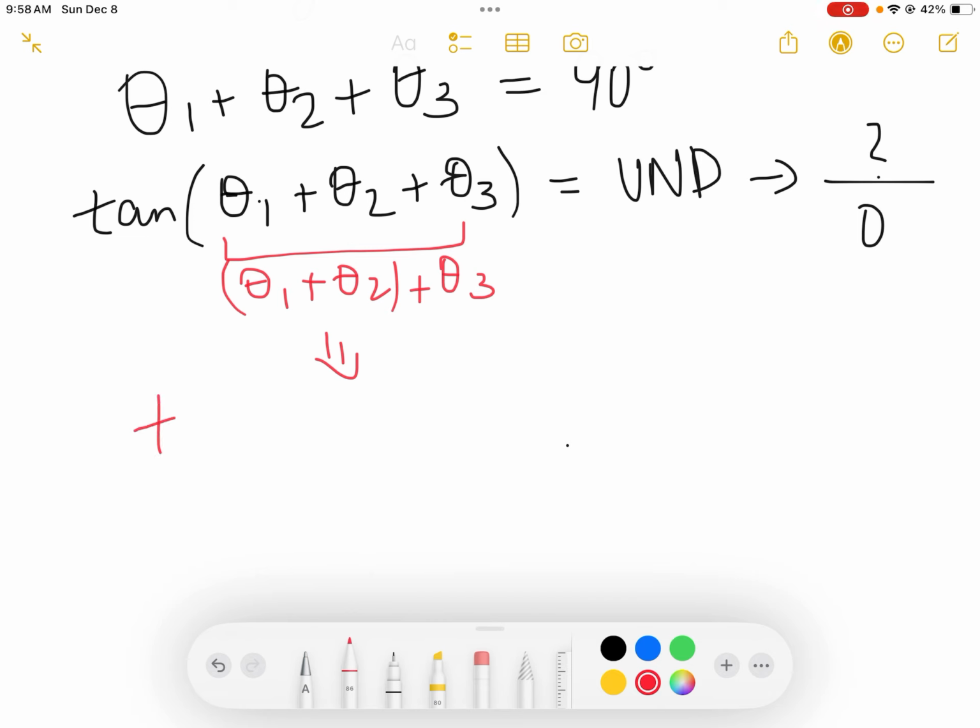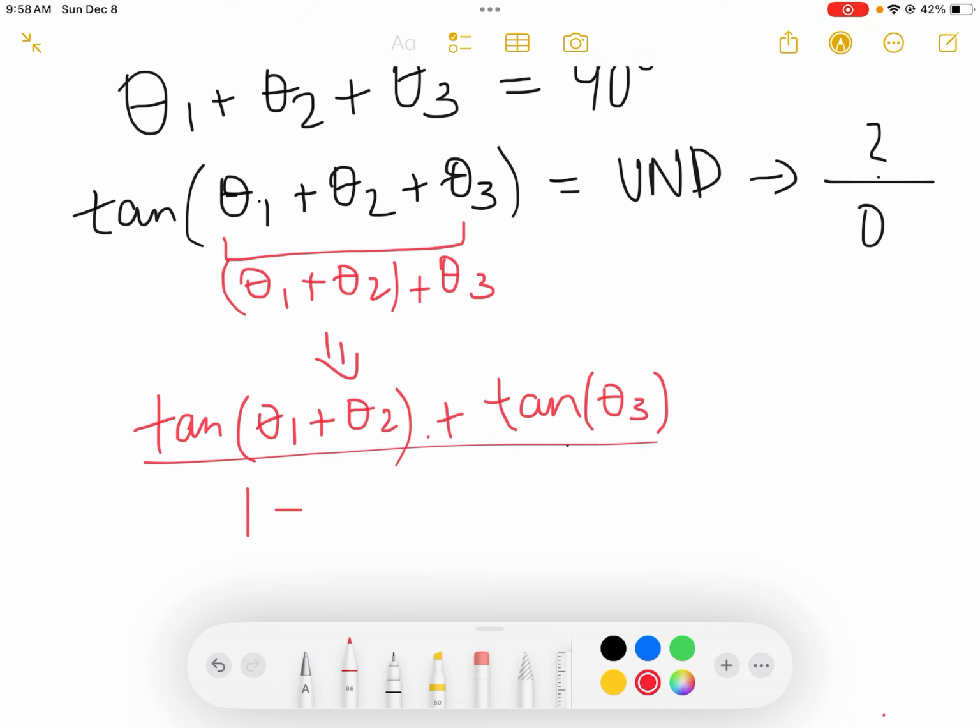So I can write this as tangent of theta 1 plus theta 2, plus tangent of theta 3, over 1 minus tangent of theta 1 plus theta 2 times tangent theta 3.